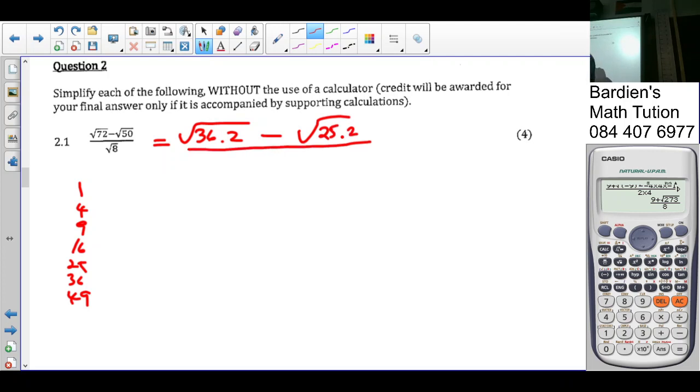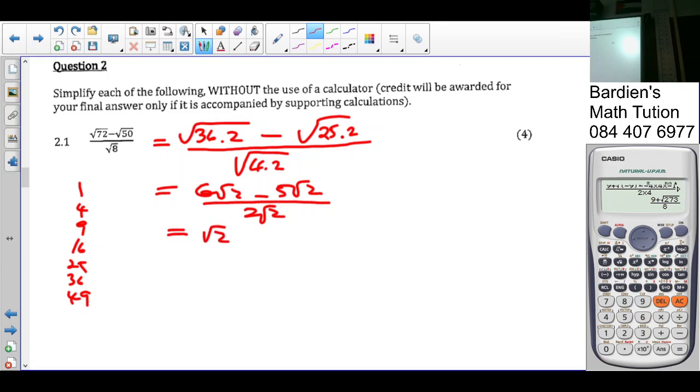Over, for 8: 4 times 2. So what's the square root of 36? 6 root 2. Square root of 25? 5 root 2. Over 2 root 2. What is 6 root 2 minus 5 root 2? Root 2. Over 2 root 2.